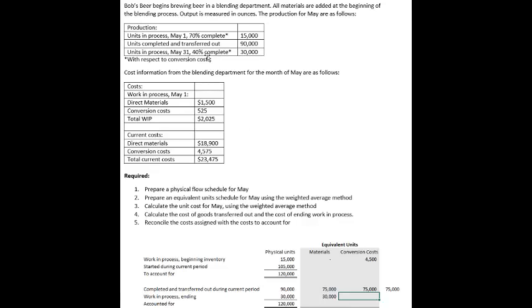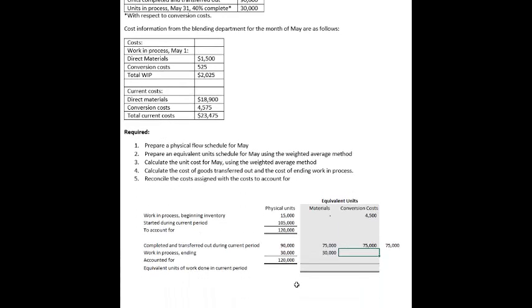It's only 40% complete. So we take the 30,000 times 40%. That tells us 12,000 equivalent units were completed during the month in the ending work in process.